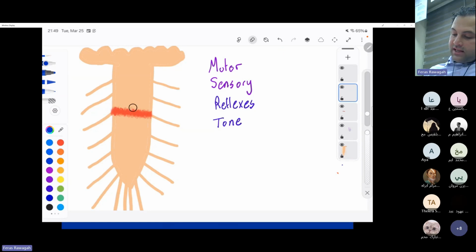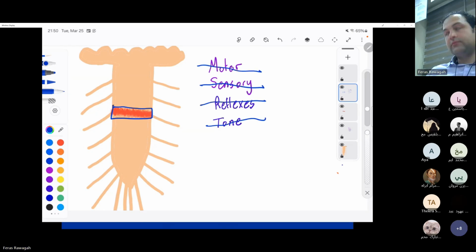In the spinal cord segment itself that is injured, there will be loss of everything. Okay? Because this level is injured. The dermatomes and myotomes here will lose everything.